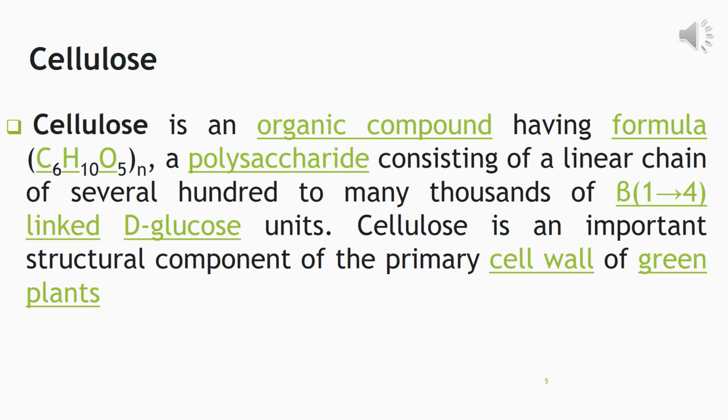Cellulose is an important structural component of the primary cell wall of green plants. So that is the constituent of the cell wall. Specifically for green plants, it is told that cellulose is the component of the cell wall.